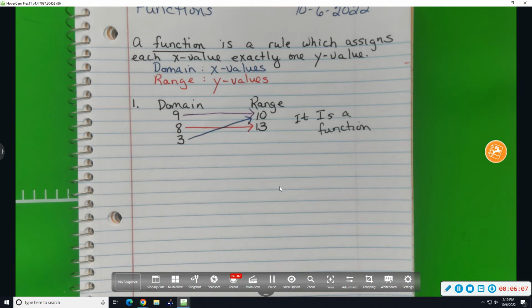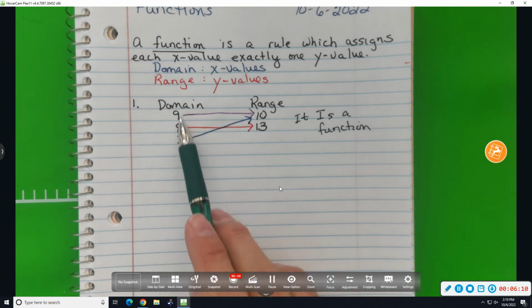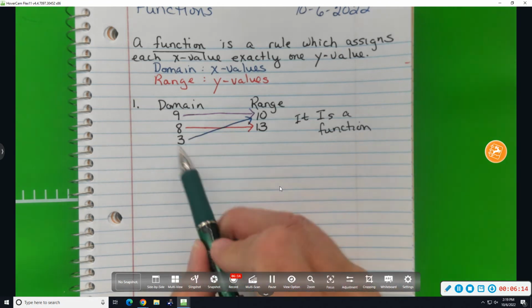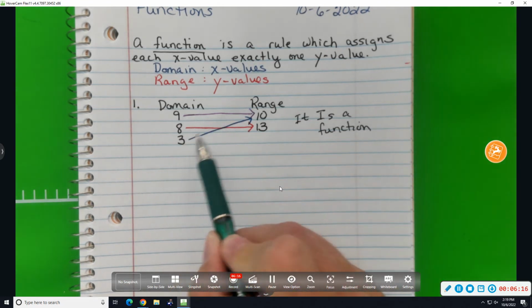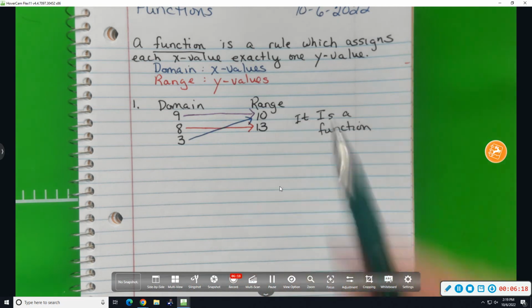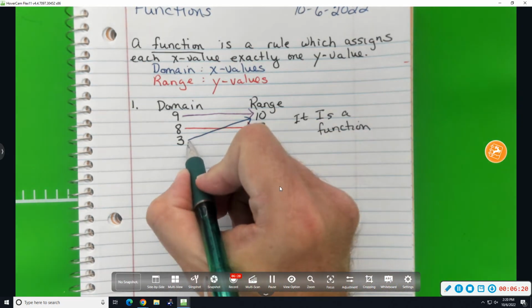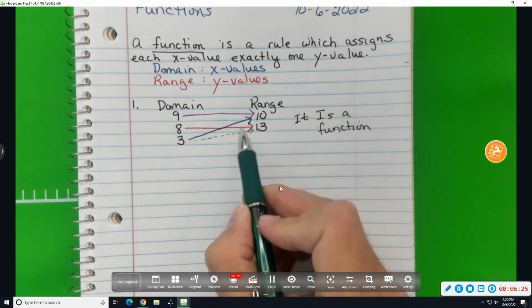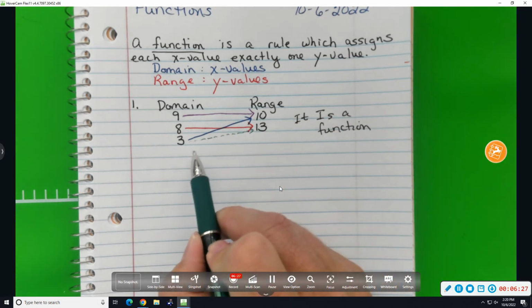The natural question to ask would be, what would it have to look like to not be a function? Well, if one of these x values had two arrows, like the number 3 being assigned 10, and I put a dotted arrow, because it's just imaginary, it's not really part of the problem.